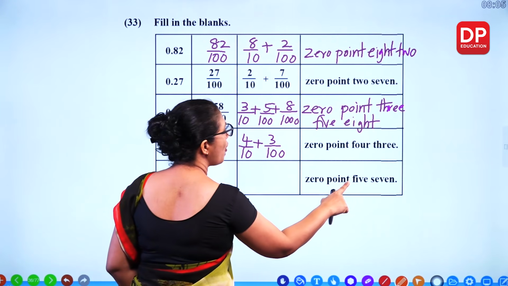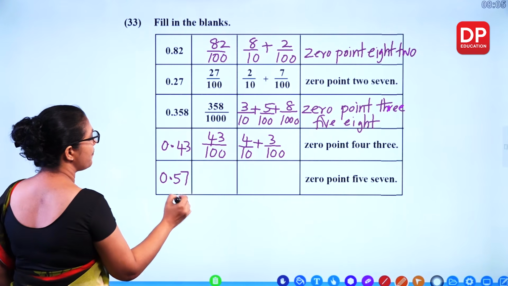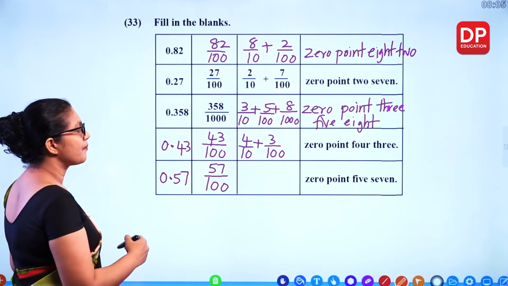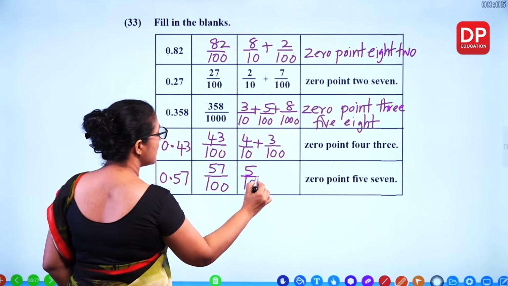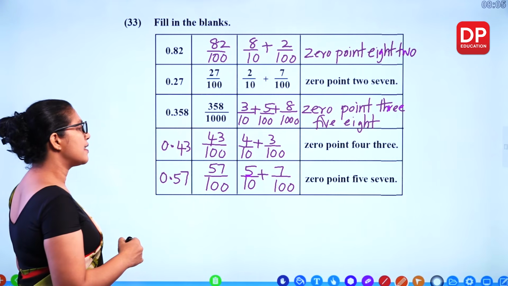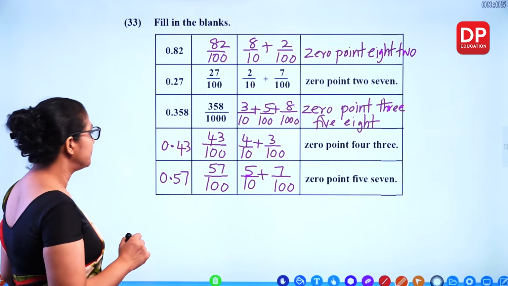This one, 0.57. That's 57 over 100. I can split this to 5 over 10 and 7 over 100. That's the second decimal place. 7 is in the second decimal place.